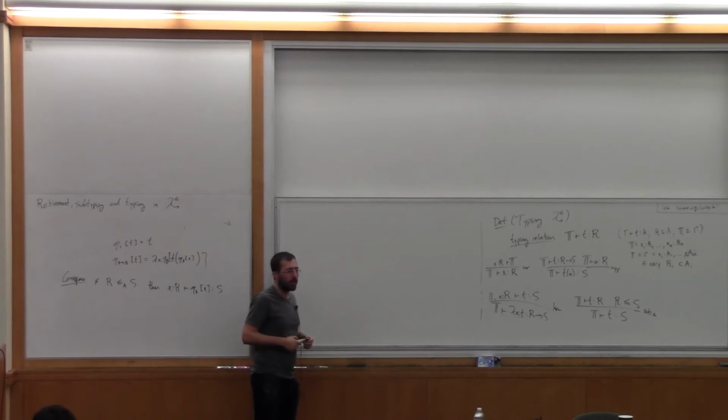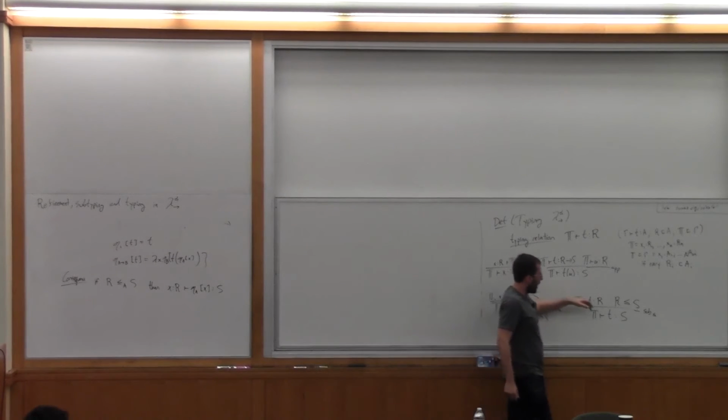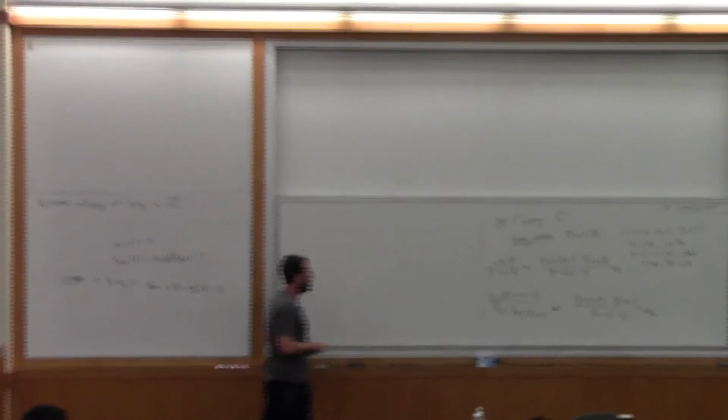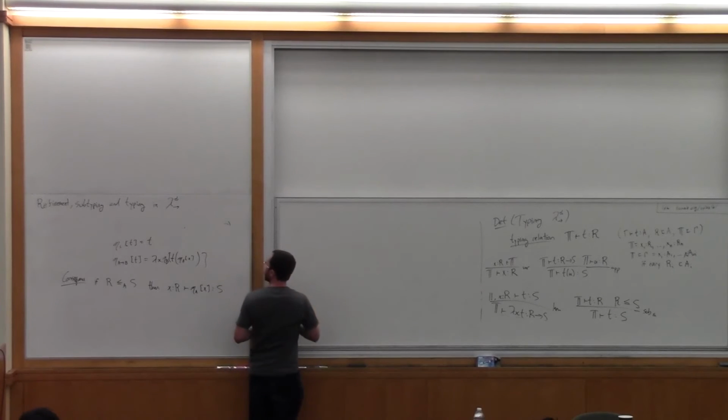But first, what about the subtyping relation? The way that we've defined it here, the typing relation referred to the subtyping relation. So first, what about the subtyping relation? Well, did I erase the definition? Yeah.